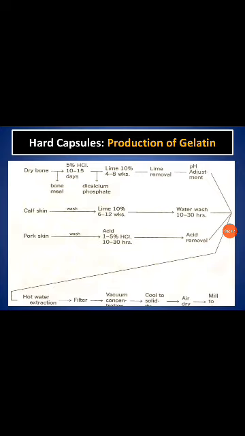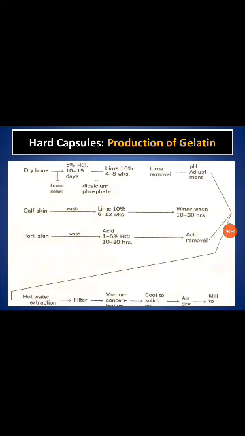Skin treated means acid treated: first washed, along with that you treat it with hydrochloric acid for 10 to 30 hours. Then the acid is removed, and it then follows the hot water extraction process, filtered, cooled, and air dried, then milled to the desired size.